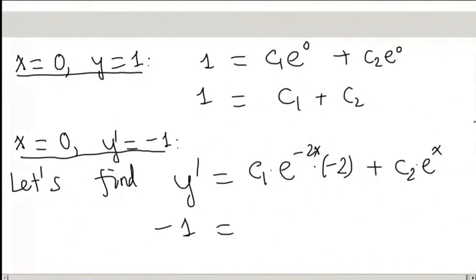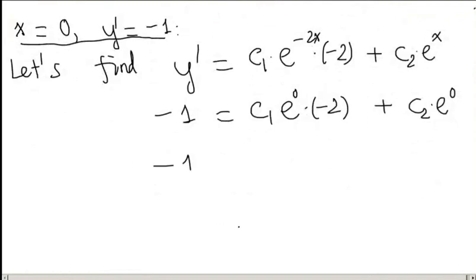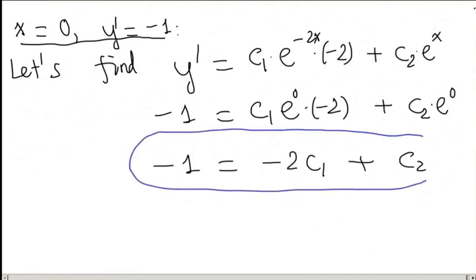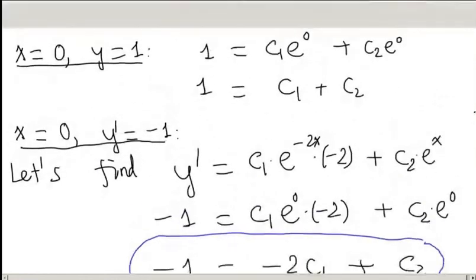So we have -1 equal to C1 e to the 0 times -2 plus C2 e to the 0. Then we get -1 equal to -2C1 plus C2, since e to the 0 is 1. We have two equations here. This is the second equation for C1, C2, and this is the first equation.